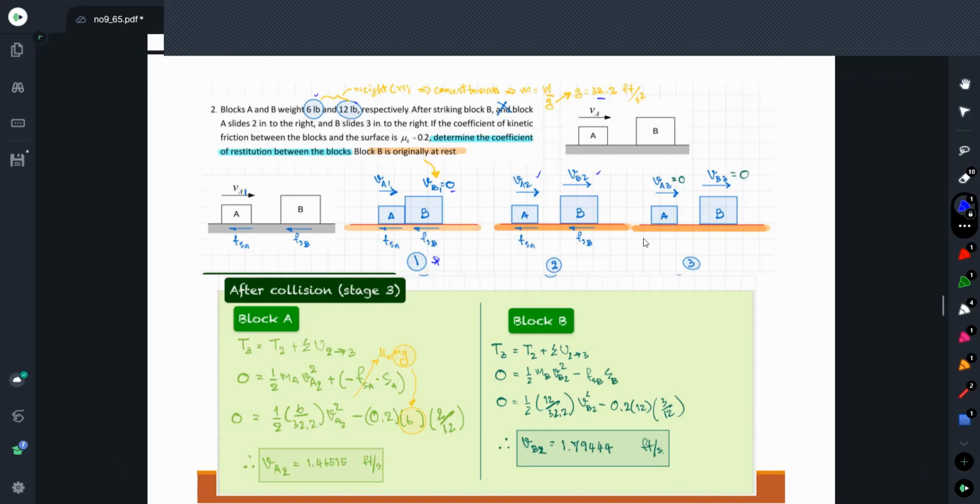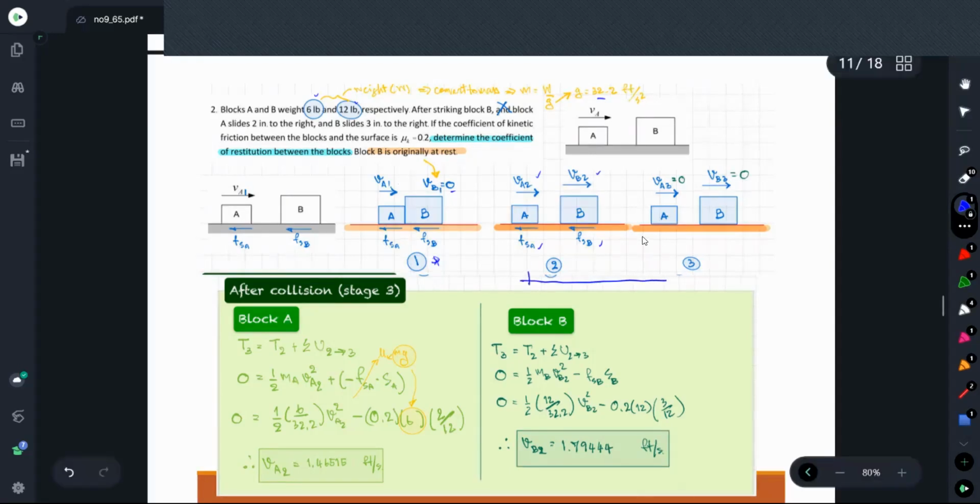After impact, when they are moving, they stop according to the friction. For the stop position, we know that block A is 2 inches and block B is 3 inches, which is maybe just like this.